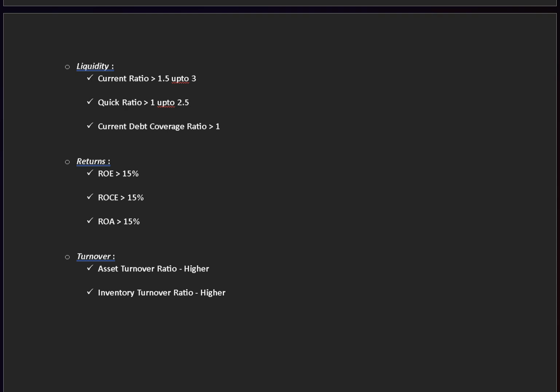For example, the current ratio is nothing but current assets divided by current liability. This ratio should be greater than 1.5, but not more than 3. Why should it not be more than 3 or maybe 4?